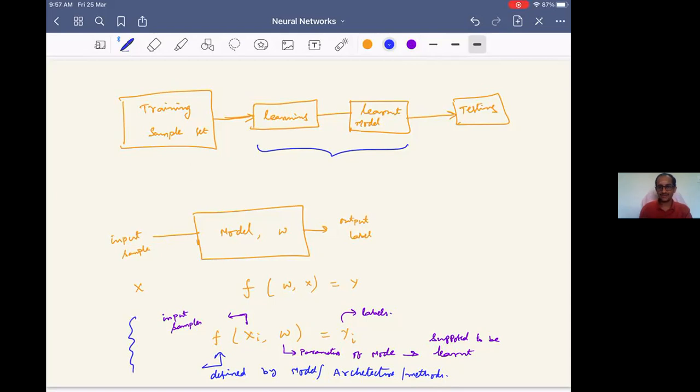In any classifier, there are different classes of classifiers. One class of classifiers is statistical classifiers, and the other class is discriminative function-based classifiers.